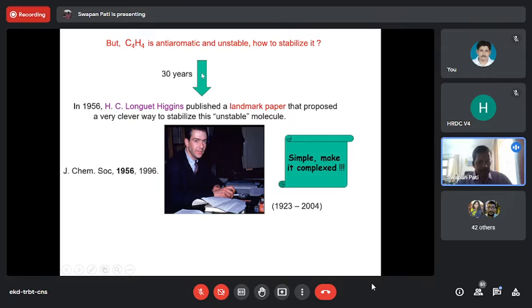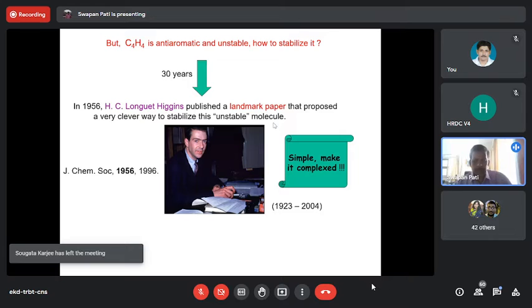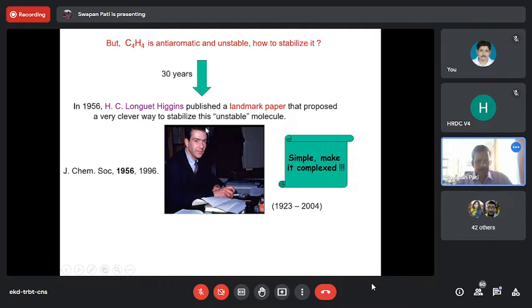In 1956, in the Journal of the Chemical Society, he published this paper, doing molecular orbital theory by hand. It was hand notes which he published. He basically suggested that, well, you have an unstable molecule, you make it a complex, then it will be stable.